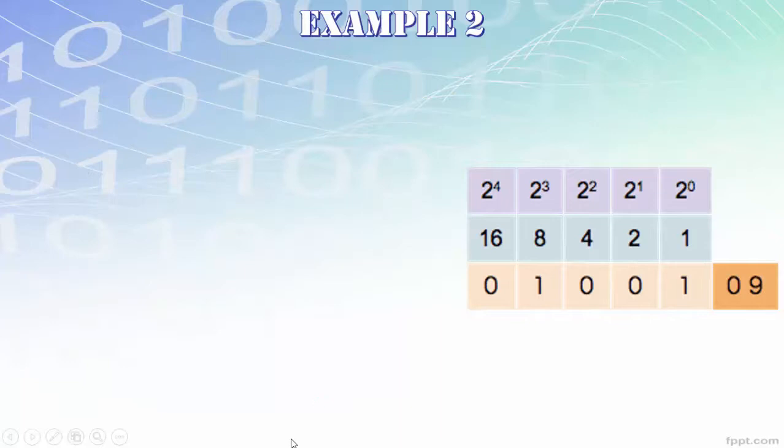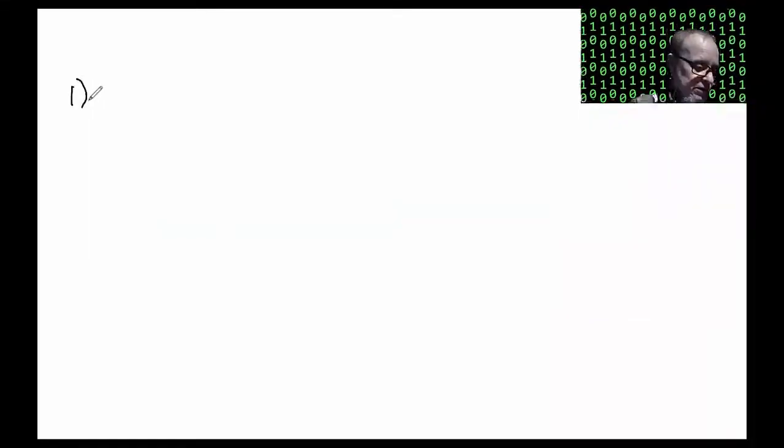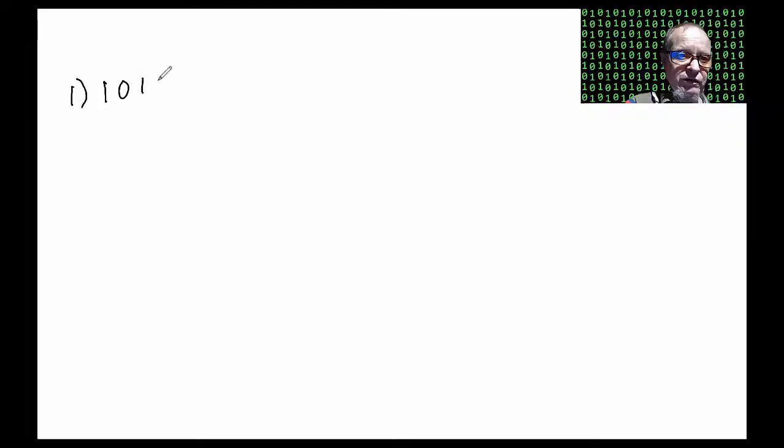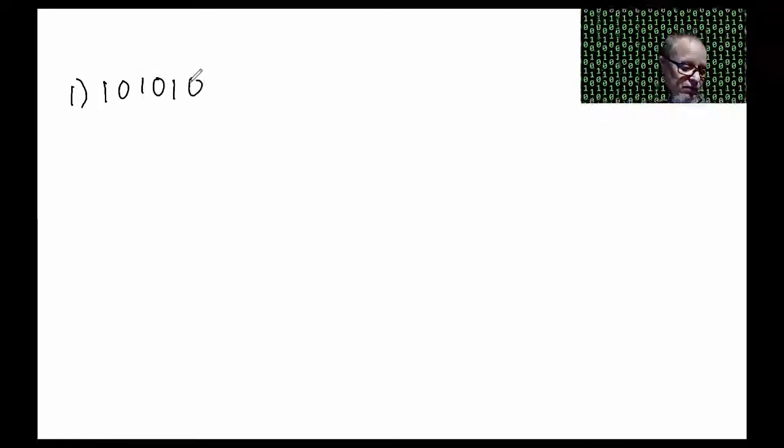In example number 2, we're asked to convert 101010 base 2 into base 10. So here again, we're going to work this out on the whiteboard. In this example, we have 1, 0, 1, 0, 1, 0.